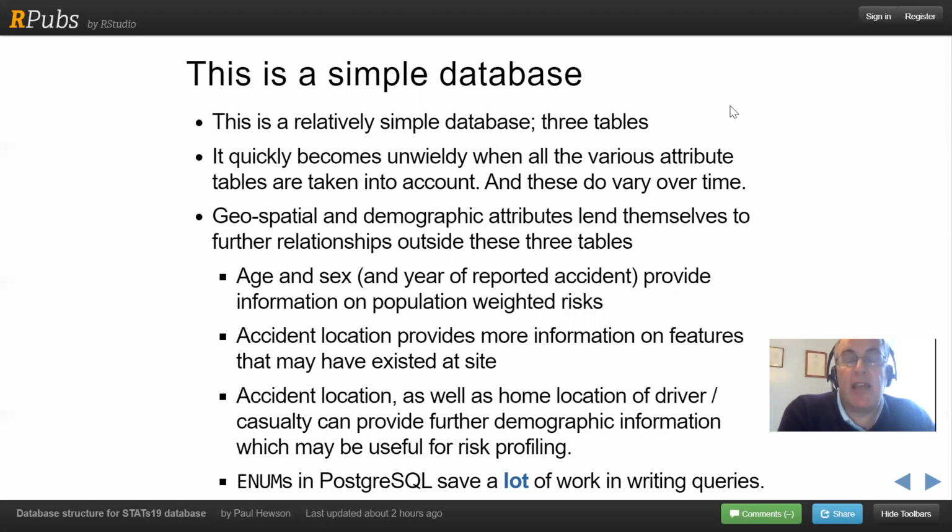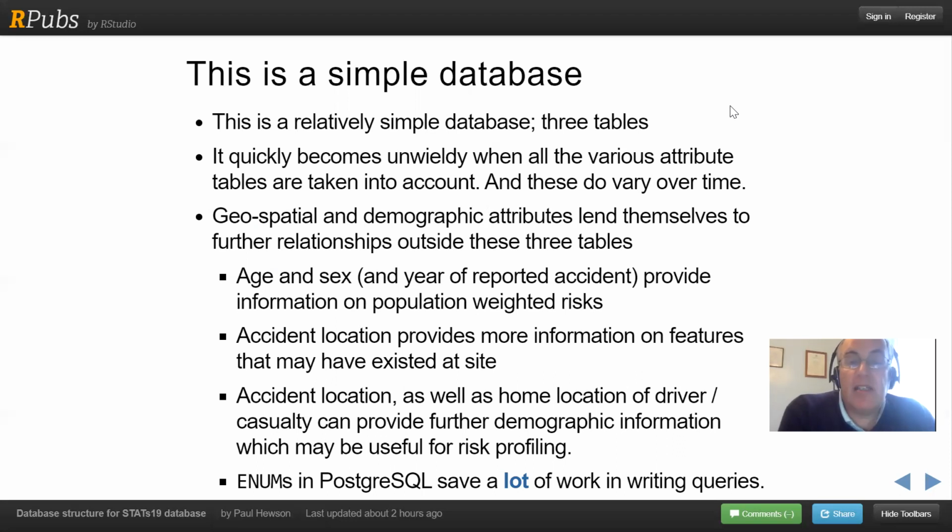We're given geospatial data on the location of the collision. We're given demographic attributes on the drivers and the casualties, and we're also given, sometimes, at the lower census super output area level, information on the home address, aggregated to preserve anonymity, but the home address roughly of the casualties, which obviously when we've got that, we're very interested in linking that to other data sets.